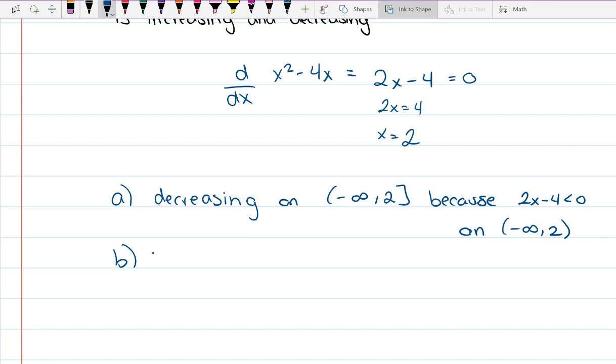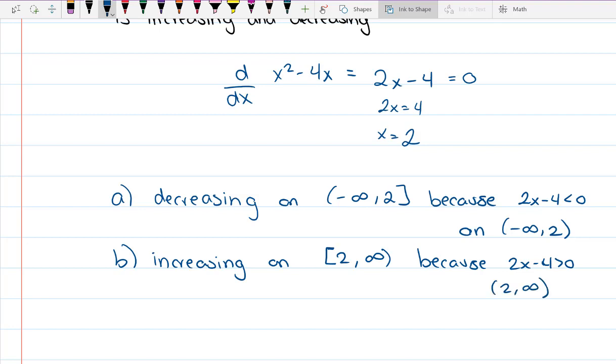And our function is increasing on the interval 2 to infinity because 2x minus 4 is greater than 0 on the interval 2 to infinity. And that's it. That's all there is to it.